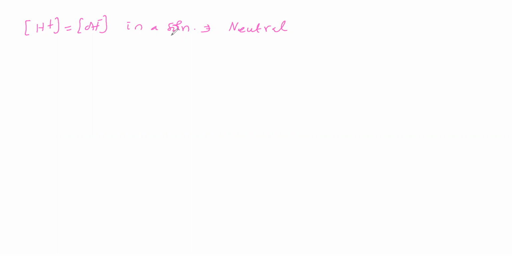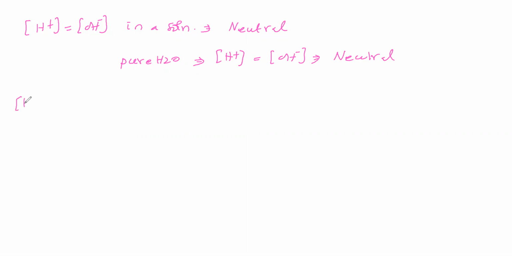This solution means not only water is present, some other substance is also present. If you take pure water, the concentration of H plus is always equal to the concentration of OH minus irrespective of temperature, and it is always neutral.